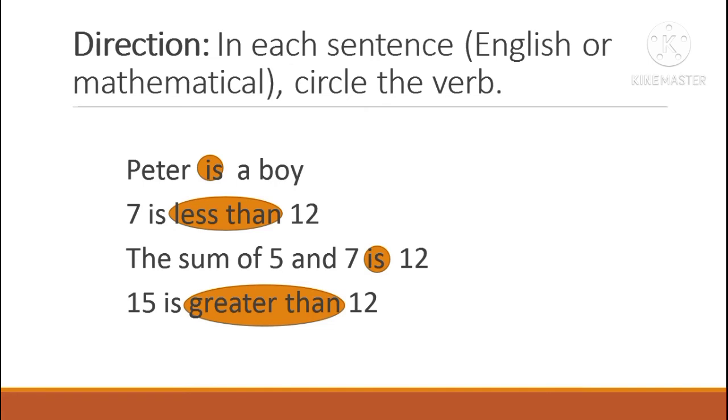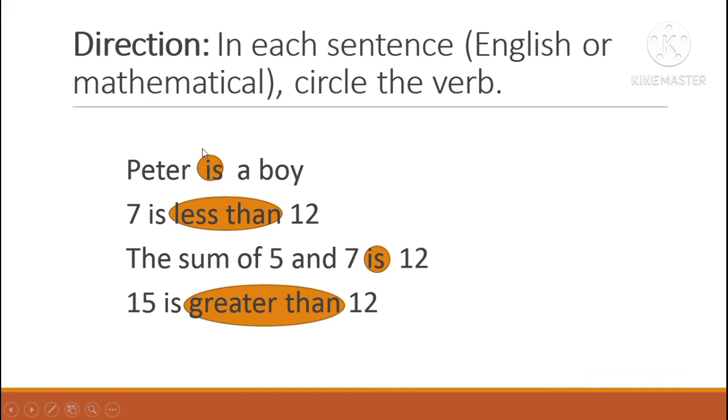I'm sorry, it's not a circle, it became oblong, because it would be too big to draw a circle. So, assume that this is a circle. Our English sentence is Peter is a boy. So, our verb here, class, is the word is.